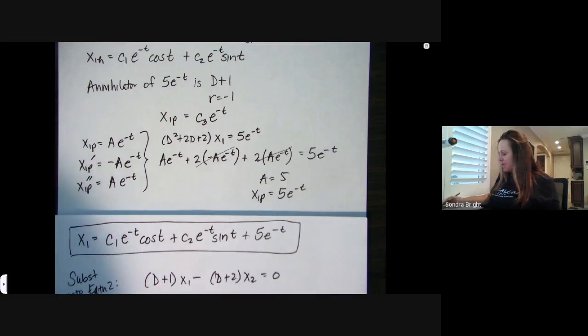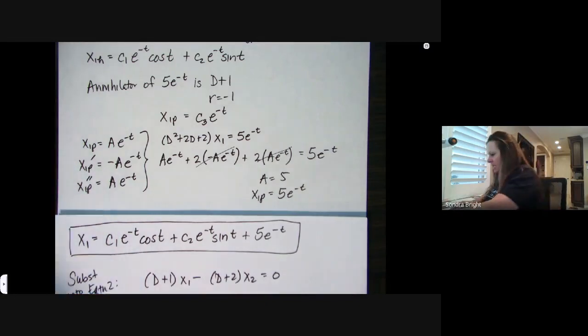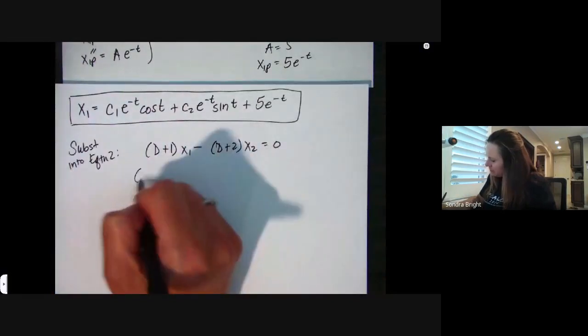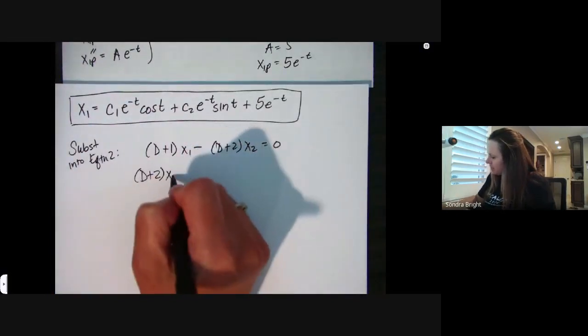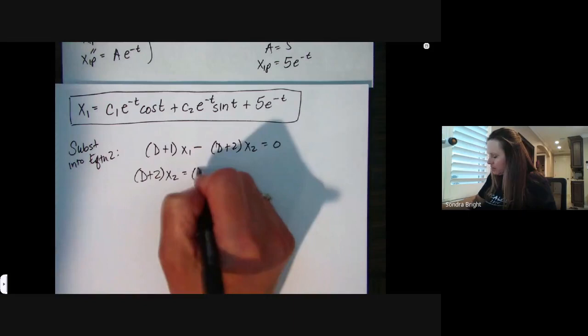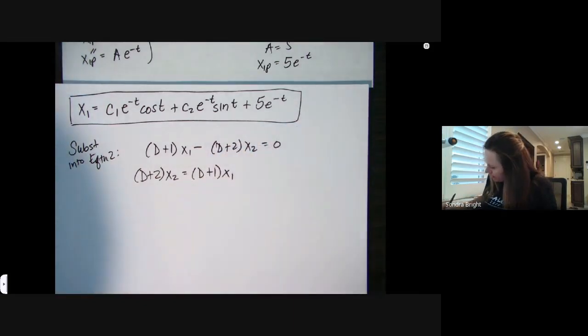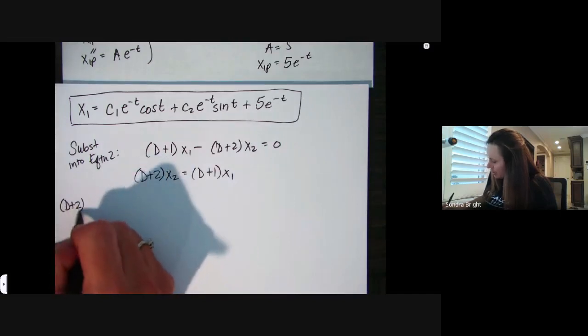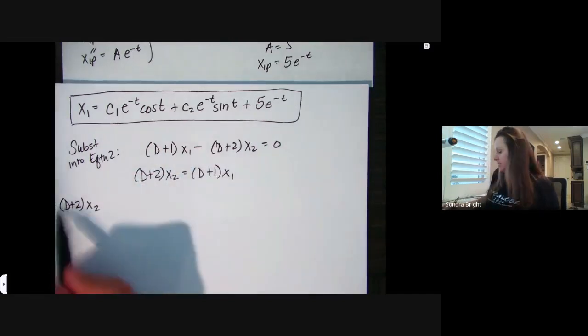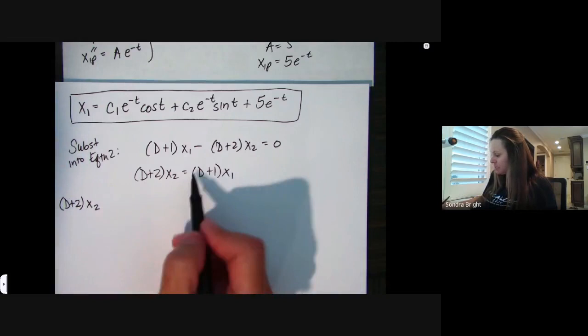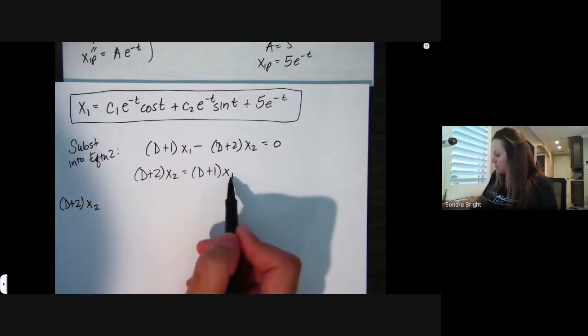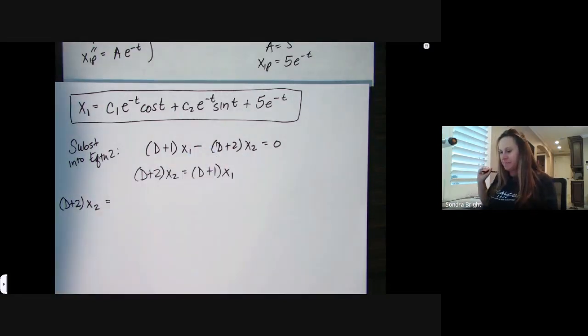Okay, so if that's true, then I can add this over to the other side and get D plus 2 operating on x2 is equal to D plus 1 operating on x1. I'm trying to solve for x2, so I can substitute the D plus 1 operating on x1.